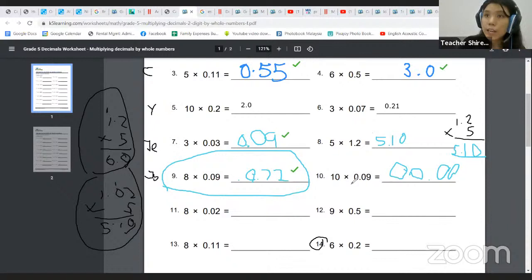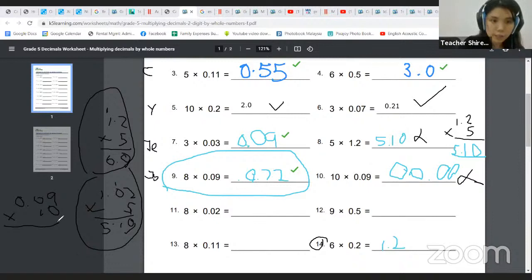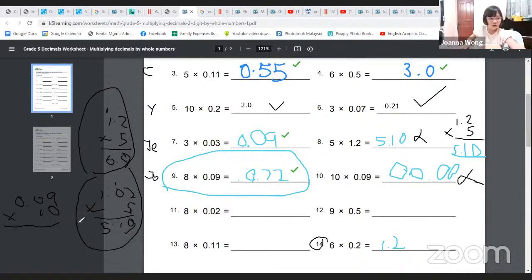Okay, Joanna, your turn. Joanna, 0.09 got 3 digits, right? We put on top, times 10. So can you write the column method over here? Can you write down over here?